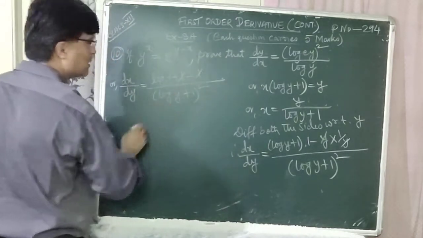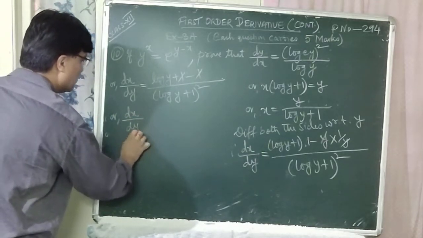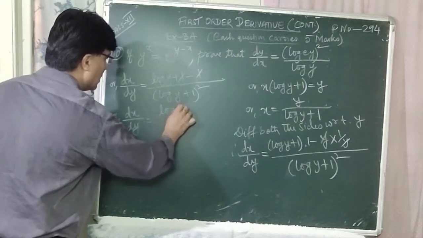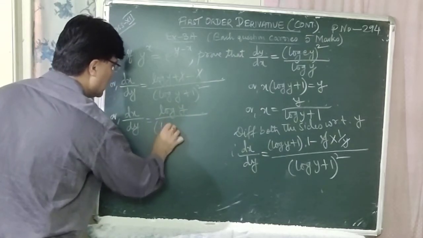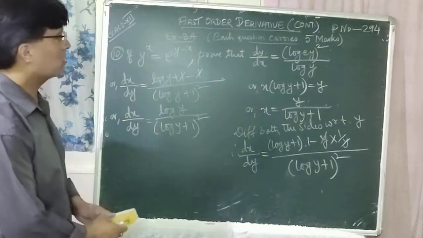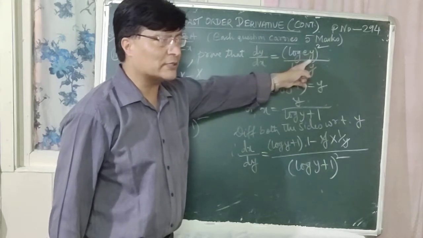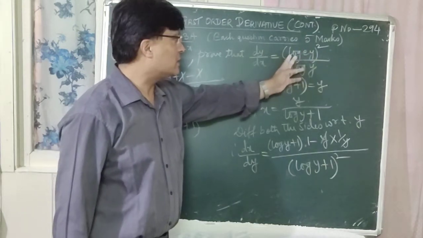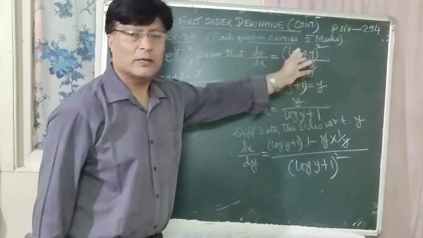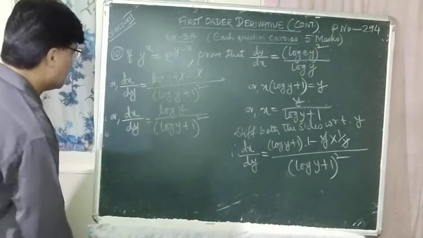So here 1 gets cancelled. So dx by dy is equal to log y divided by log y plus 1 whole square. Since we have to prove log ey whole square divided by log y, this is not the base e. It is just like your log AB, right? So this e is not the base of the logarithm. Okay? So now how will you prove it?